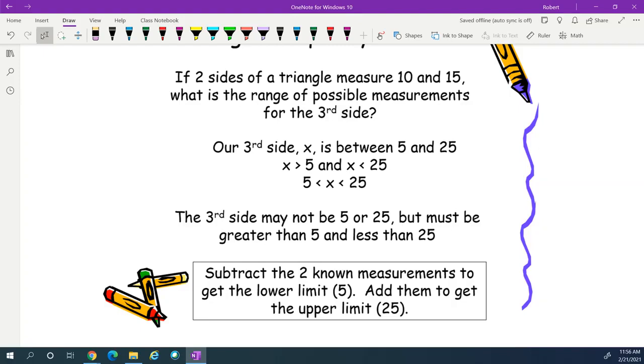Well, as a simple shortcut, we can subtract the two known measurements to get the lower limit, add them to get the upper limit. Just to summarize the examples that we went through.